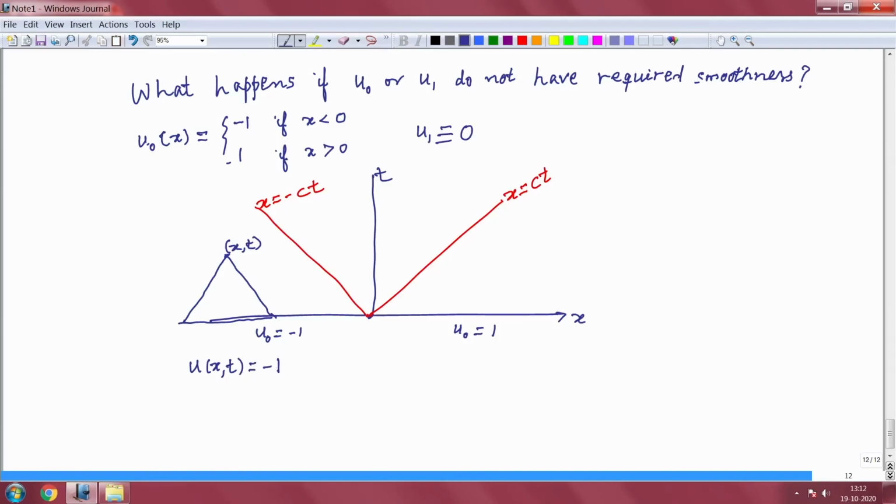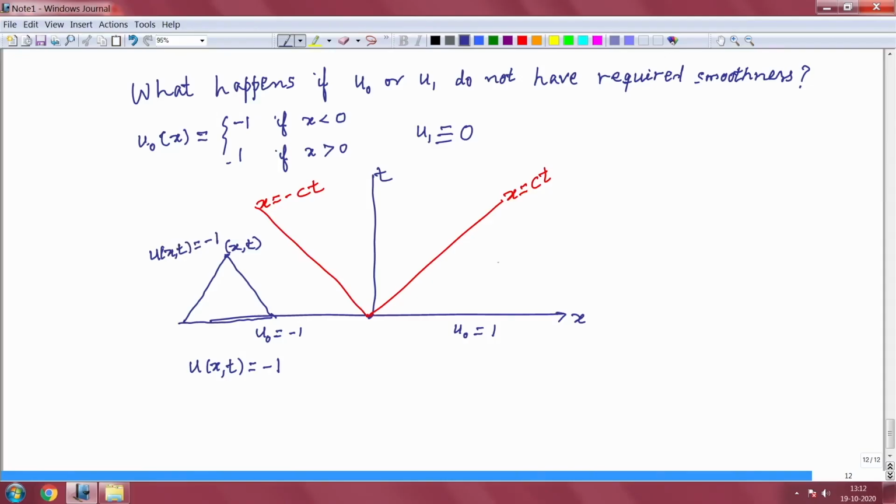So, in this region you get u(x,t) equal to -1, for all the points below this characteristic x equal to -C t.